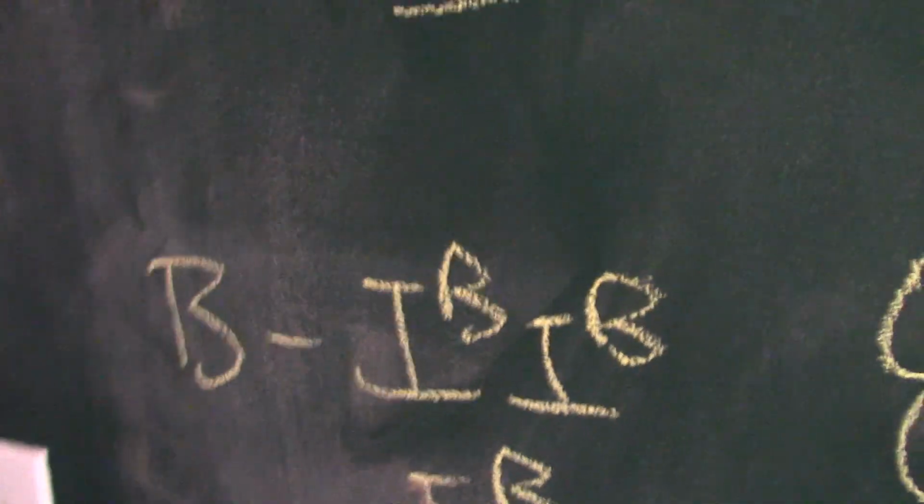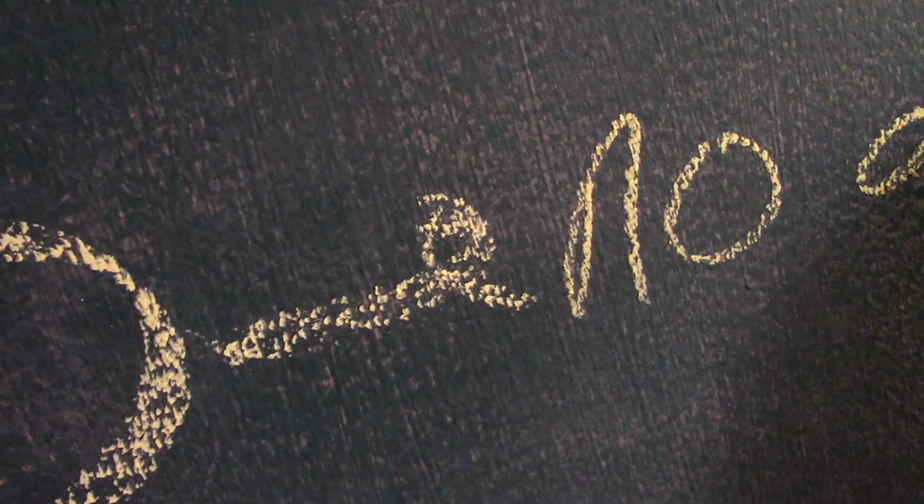If someone has A blood type, they just have A antigen. Okay, they just have A. If someone has B blood type, they only have B antigen. Someone who has O blood type does not have an antigen, so no antigen.